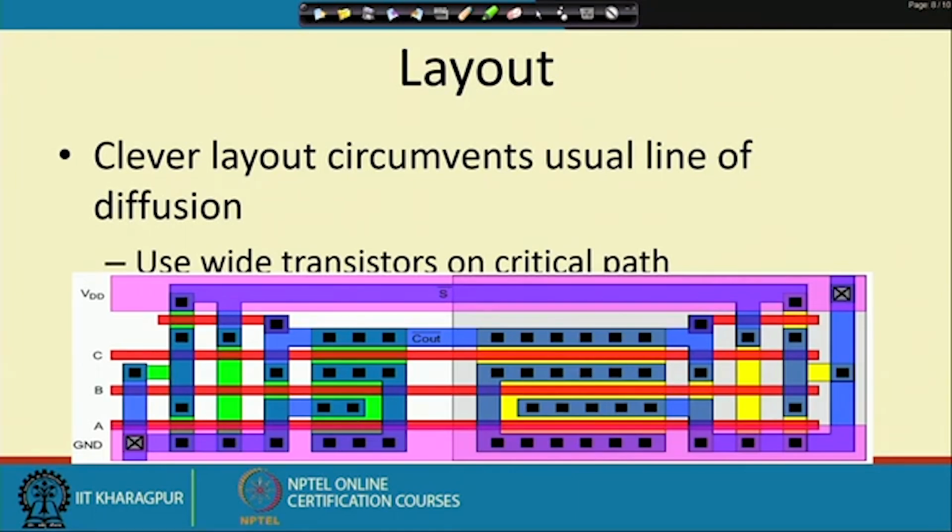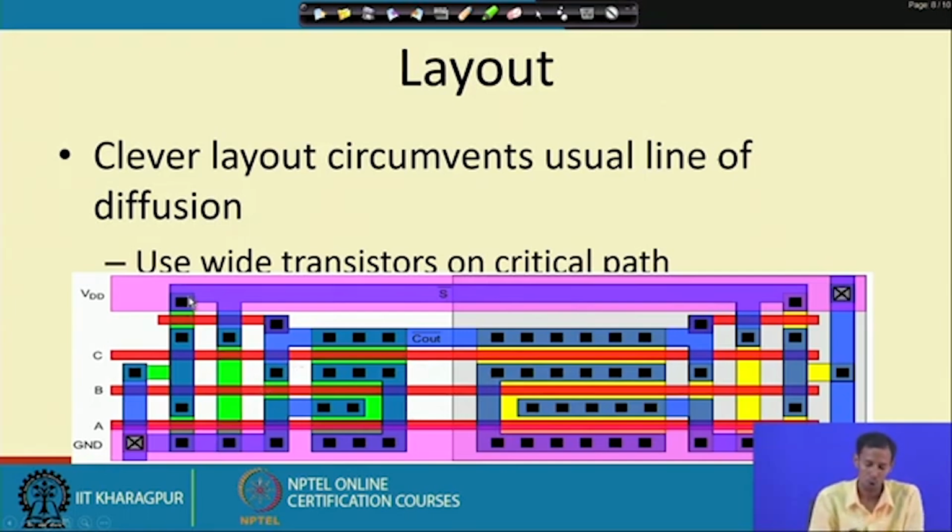So, here you see there are some lines, this pink color line, then blue, green, red, something like this, and then black. Basically this is part of VLSI design. The pink color lines are metal layer lines for VDD and ground.